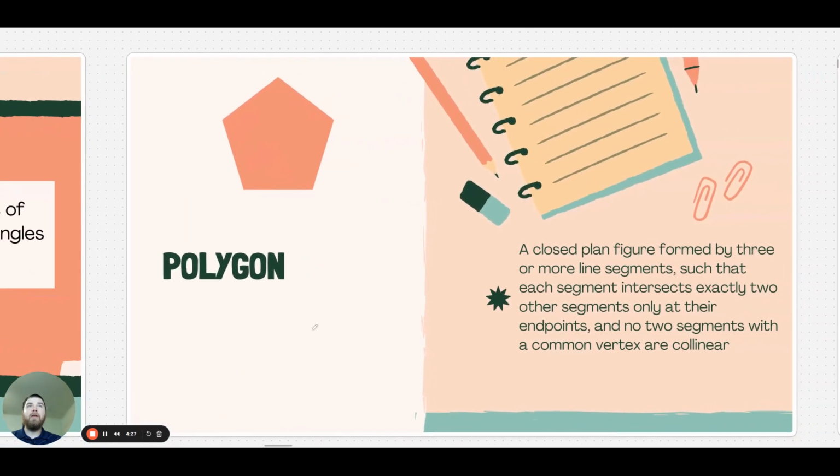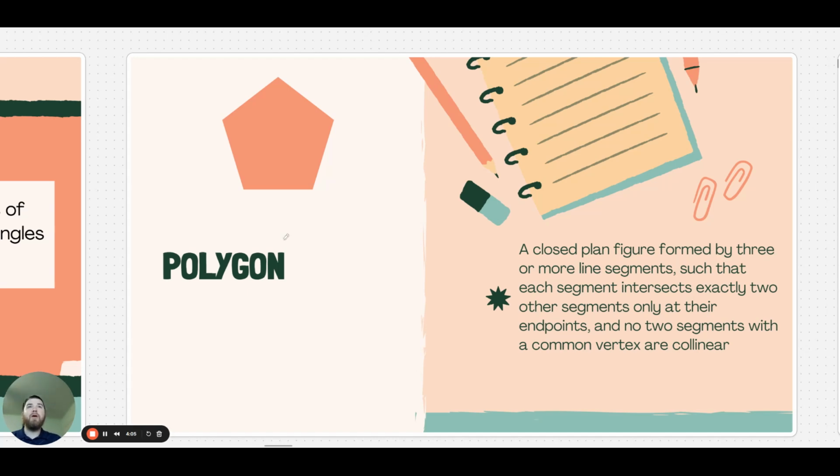Well, a polygon is, and this is the definition, but it's just kind of a lengthy one, a closed plane figure formed by three or more line segments. So, it could be a triangle, it could be a square, it could be a pentagon, like what I have pictured right here. And so it's got to have three or more segments so that each segment intersects two other segments at their endpoints.